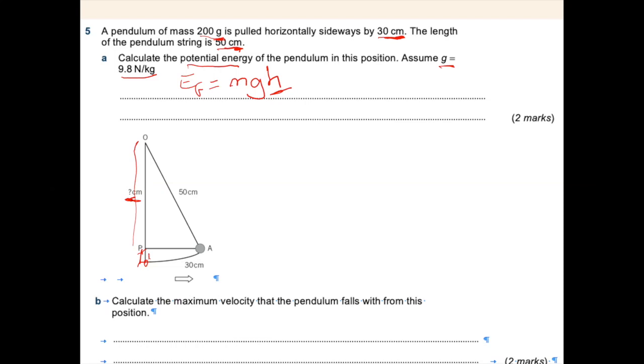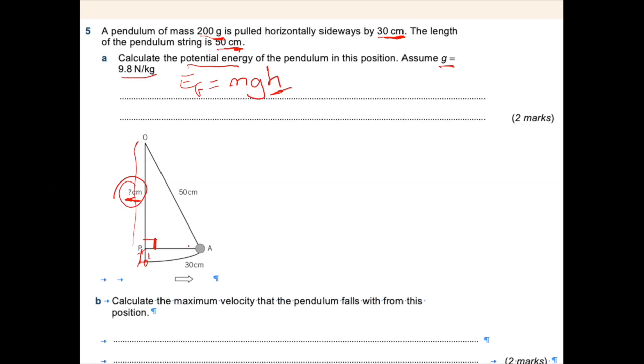So as a starting point, how are we going to do this? Well, we're going to remind ourselves of Pythagoras' theorem, which is in a right-angled triangle, the square of the hypotenuse, this distance O to A, is going to equal the sum of the squares of the other two sides, the distance OP and the distance AP.